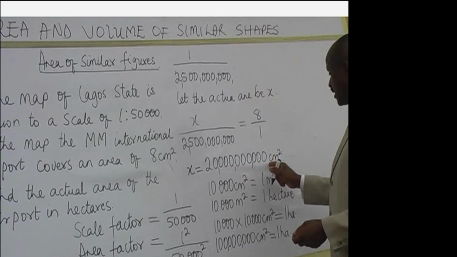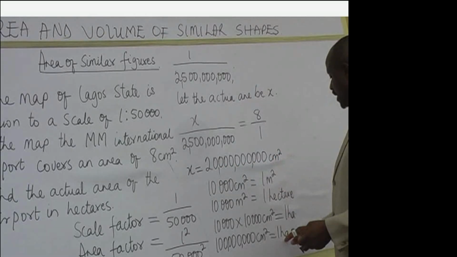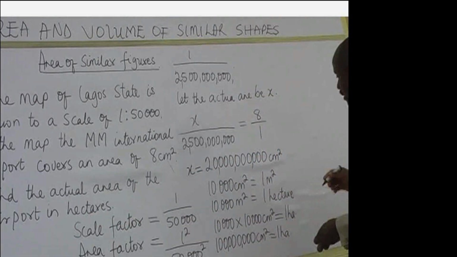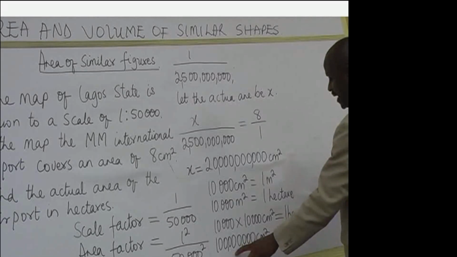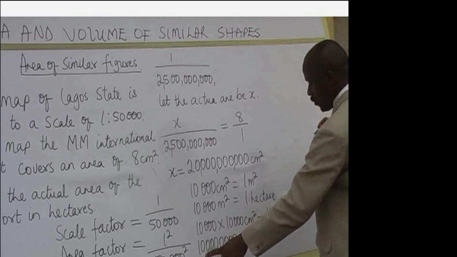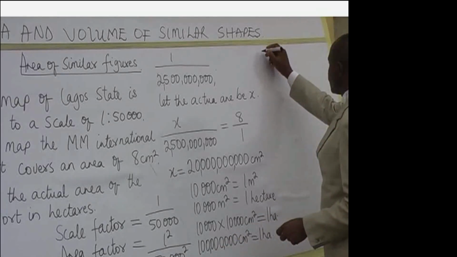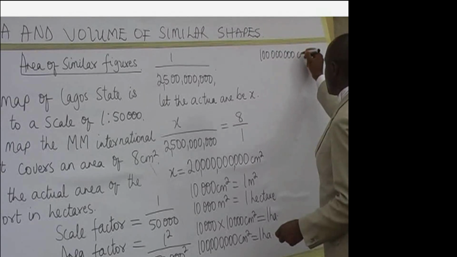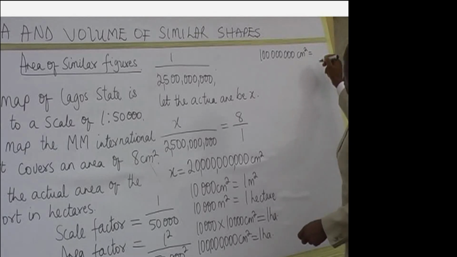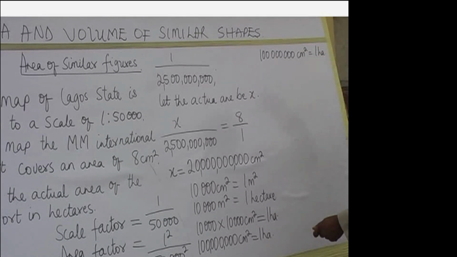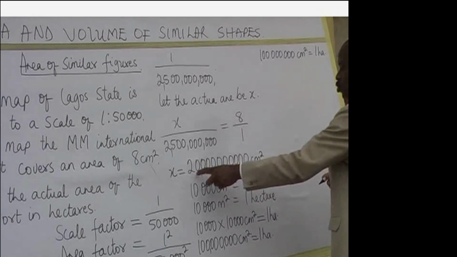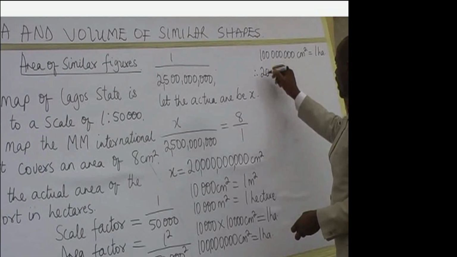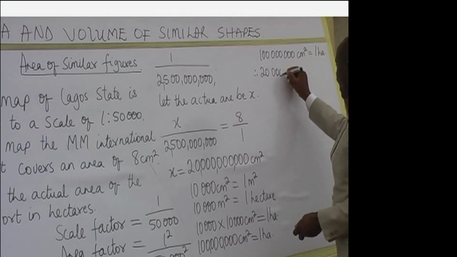We want to convert 20 billion centimeters squared to hectares, because the question says we should give the answer in hectares. So the parameter is that 100 million centimeters squared is equal to 1 hectare. What we have here is 20 billion centimeters squared, and 20 billion has 9 zeros.